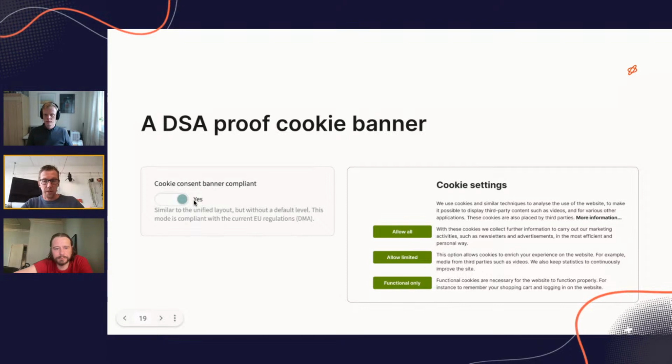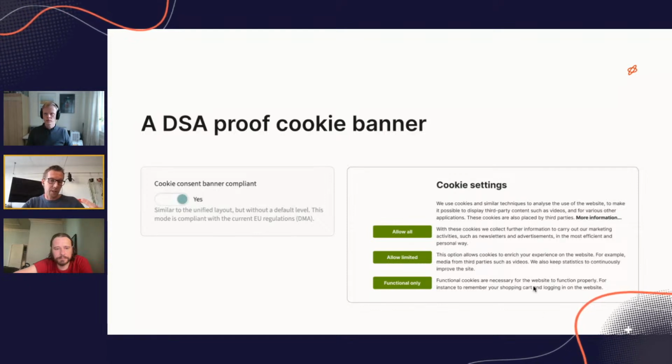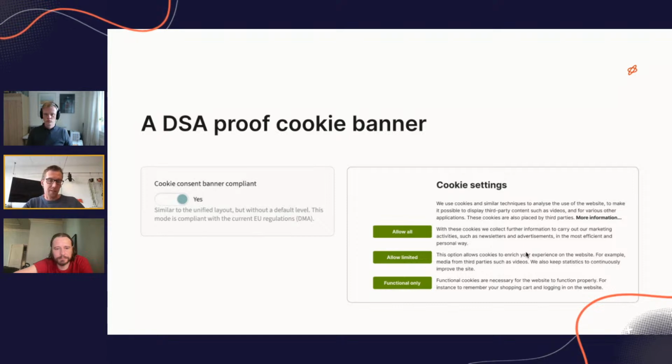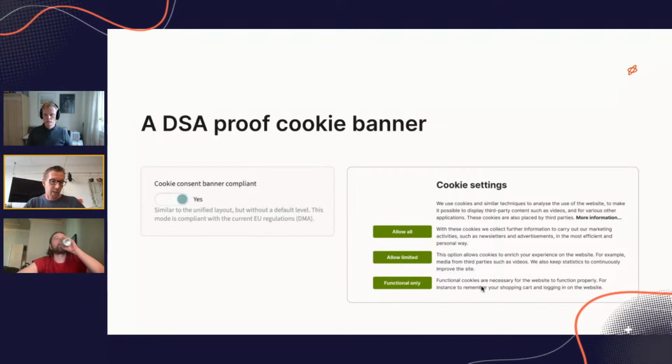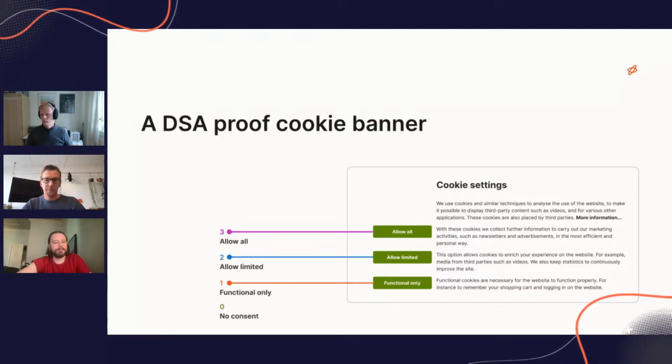If you switch that to yes, your old cookie banner should change into this one. Obviously, once again, make sure that you agree with the text. It's just a default setup of text. You can change it if you want to reflect the settings in your Google Tag Manager, if they are any different than what's listed here.